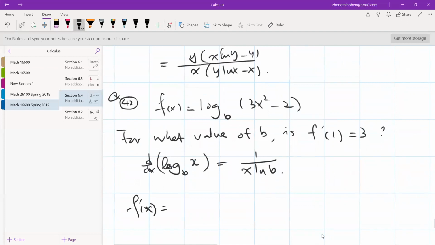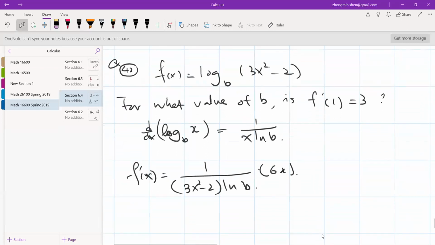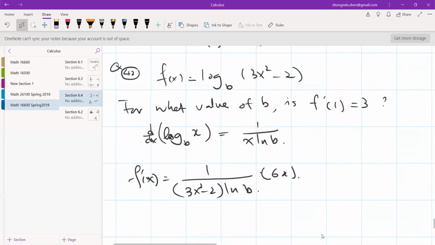You will get the derivative, I think it will be 1 over 3x squared minus 2 natural log b. But you have to differentiate 3x squared minus 2, so it will be 6x. Okay, can you see that, right?